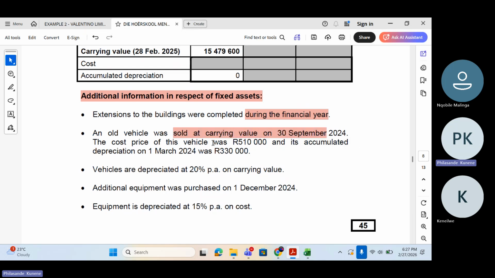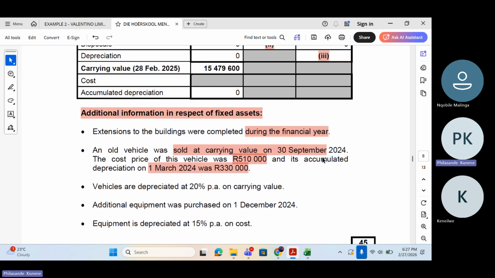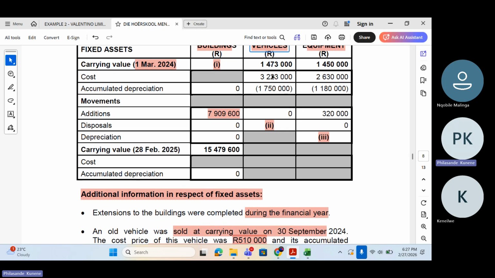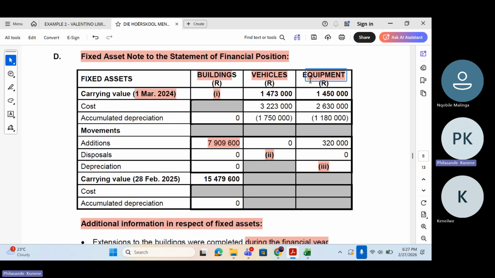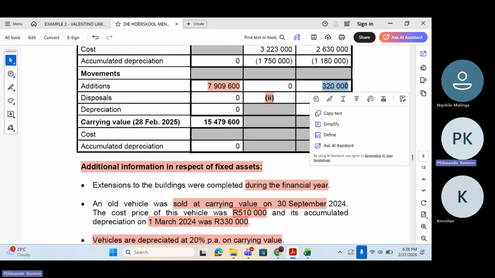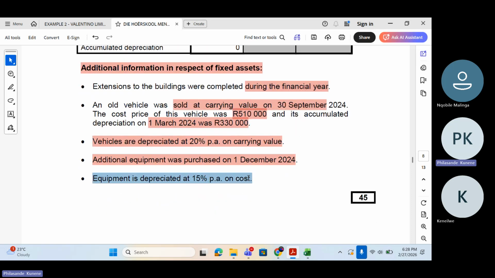The cost price of this vehicle was 510,000 rand, and its accumulated depreciation on 1 March 2024 was 330,000 rand. This is the information about the disposal of the vehicle. Then equipment, we need depreciation there. Vehicles are depreciated at 20% per annum on carrying value. Additional equipment was purchased during the year, as we can see from the additions under equipment. Equipment is depreciated at 15% per annum on cost.